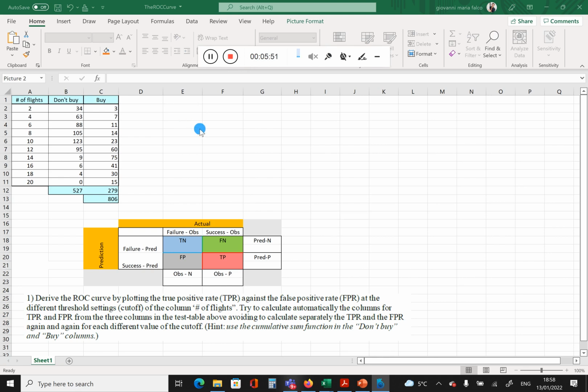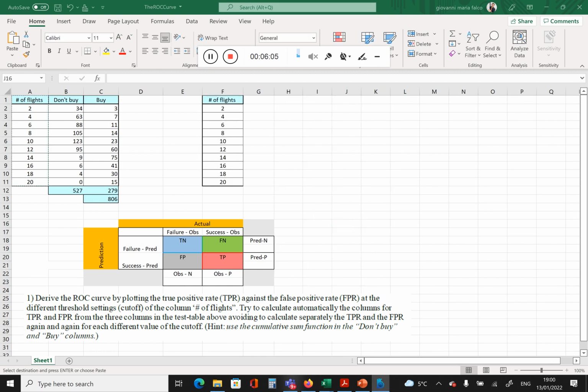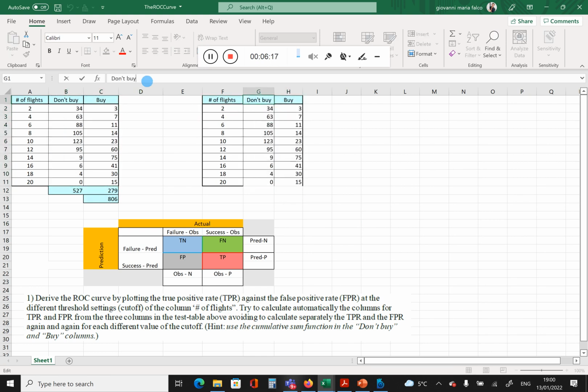I create a column with the classes, the number of flight experiences, and I take over also the two columns with buy and don't buy, and I call them differently because I want to make a connection with the theory of the confusion matrix.